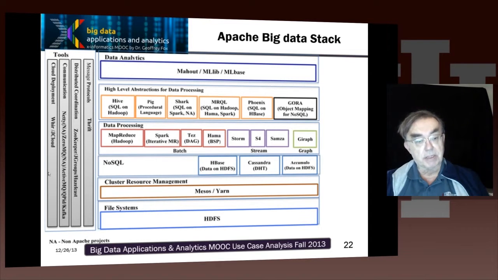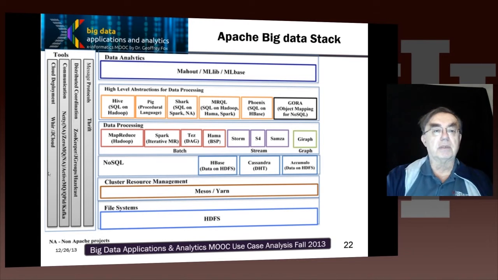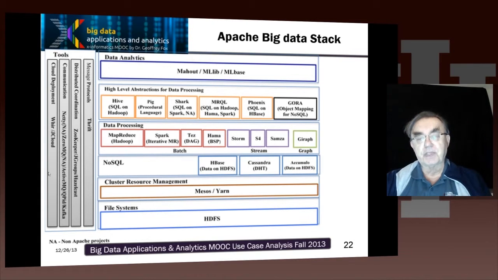ActiveMQ is another one mentioned there. Qpid, Kafka. These are all different messaging systems. And then the tool which is generally used but is lower level is for deploying the clouds, where you have Whirr and jclouds. So this points out that Apache is tomorrow's Oracle in some sense, or tomorrow's SAP, where it offers in an open source fashion a complete package.